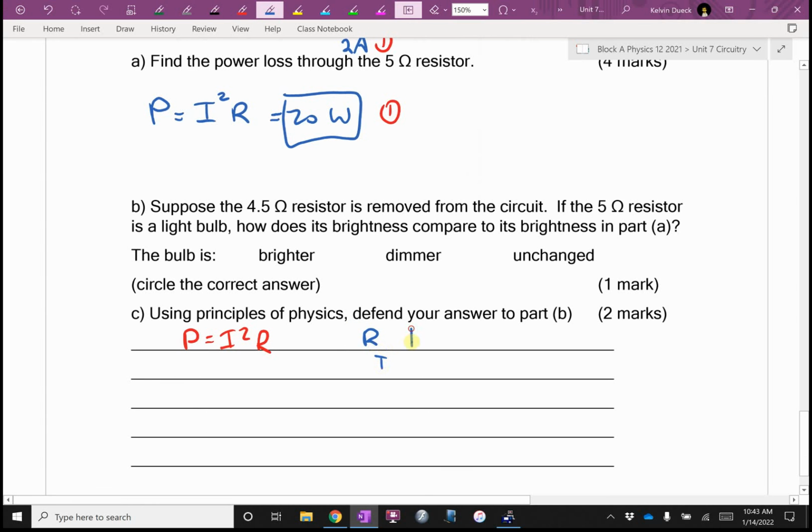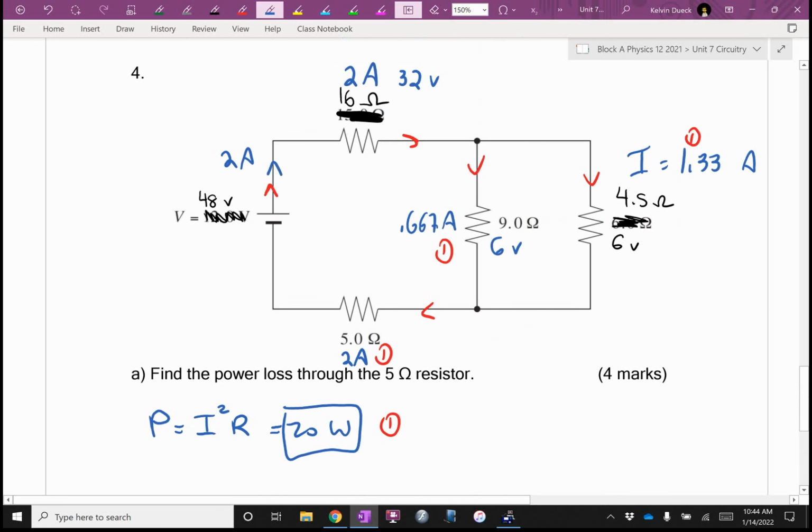R total increases. And since I total is V total over R total, this just got bigger. What happens to this answer? What happens to the total current? I total decreases.